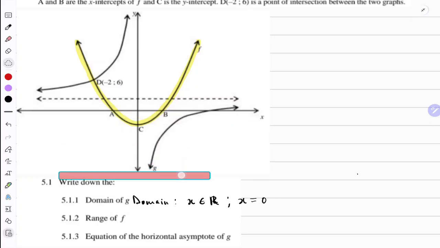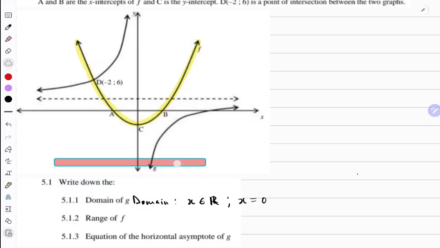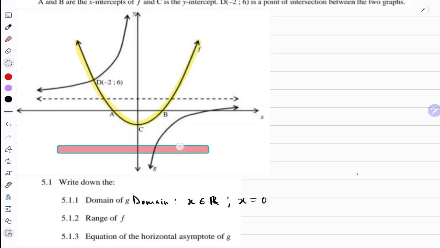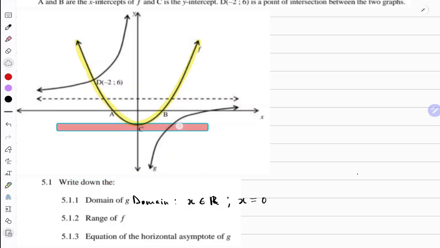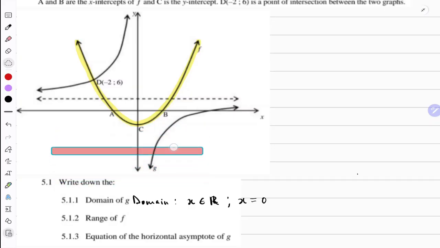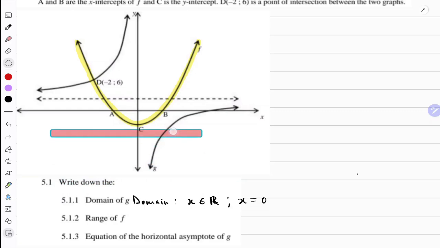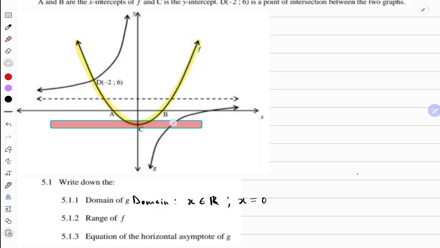So you can see that from y is equal to negative infinity, going up until the minimum or the vertex, the function doesn't exist in this region. But the moment you reach the minimum or the vertex, the function starts to exist.